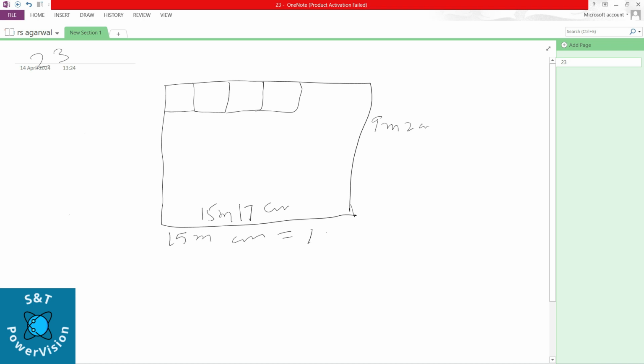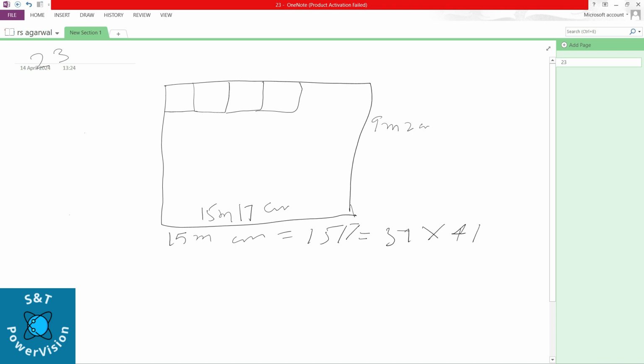15 meter 17 centimeter equal to 1517 centimeter, equal to 37 into 41.